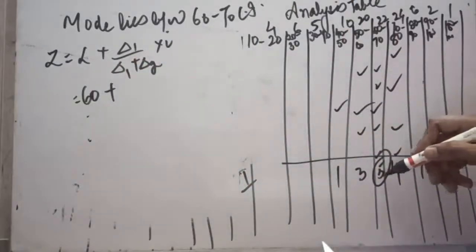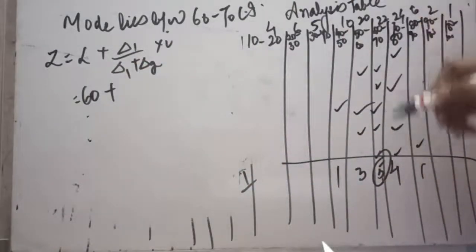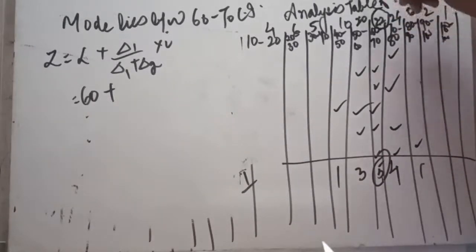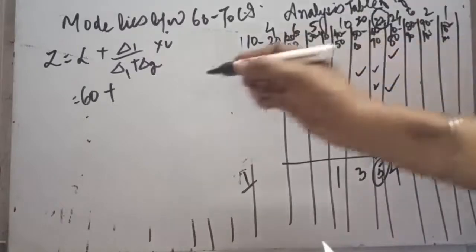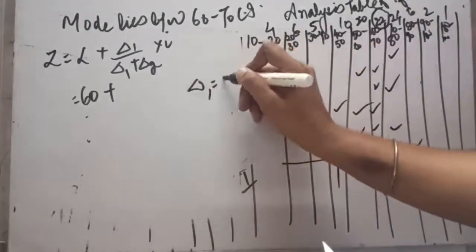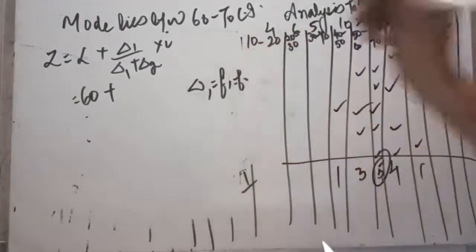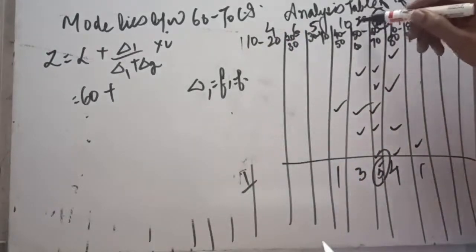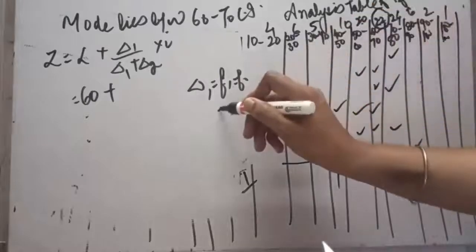Now where is delta? This which has been selected as the modal class, that is 22, will become our F1, and the previous frequency will become F0 and the next frequency will become F2. So to calculate delta 1, the formula is F1 minus F0. F1 here is 22 and F0 here is 20. So 22 minus 20 will be 2.